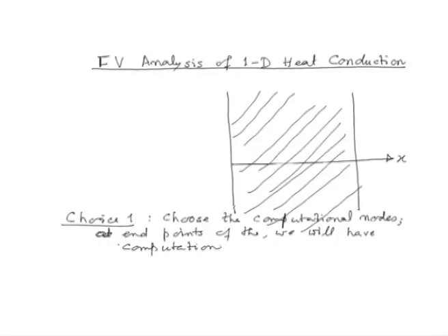This is very similar to the choice which we had made with our standard finite difference formulation: this was our domain, and depending on the number of divisions we have, we choose our computational nodes.